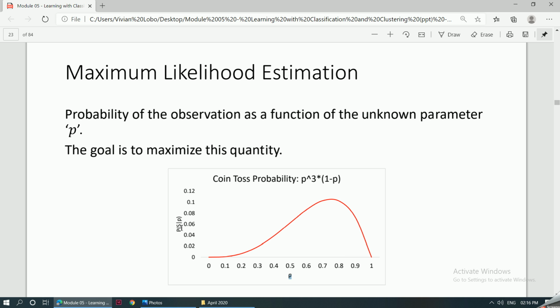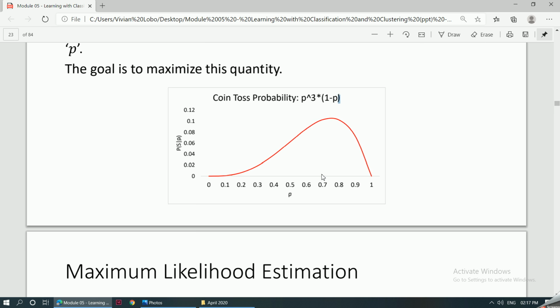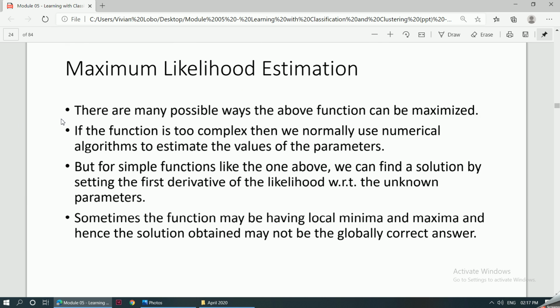The probability of S, the given sequence or observation, for different values of P is nothing but the likelihood, where we have P raised to 3 into 1 minus P raised to 1. 3 represents the number of heads and 1 represents the number of tails.